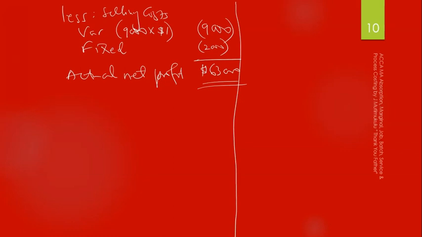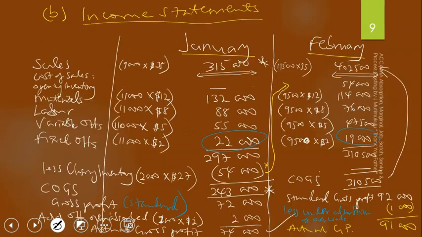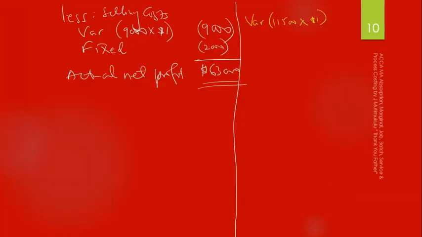The selling costs this time are based on the units which were sold. We sold 11,500. So the variable selling cost is 11,500 units multiplied by $1 per unit, according to the question. So that's 11,500.